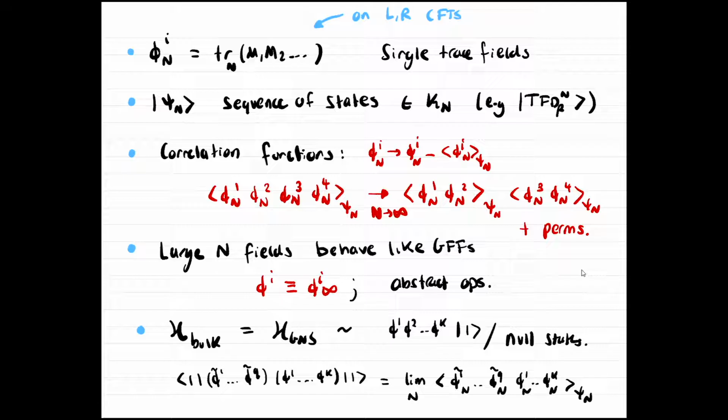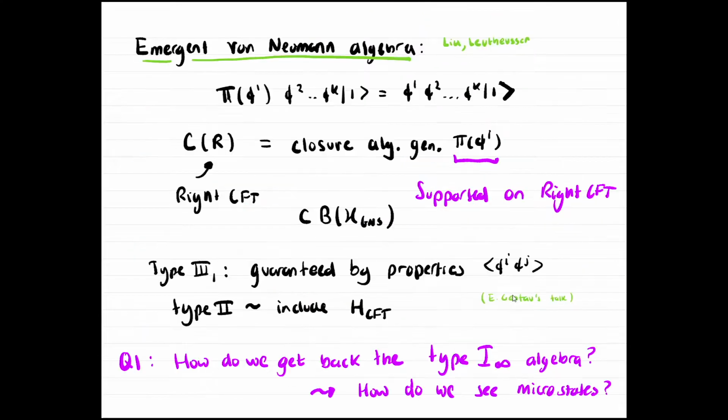Okay, so I have an algebra and a state, and so in that setting, you can always construct a GNS Hilbert space, and it's basically constructed as follows. You think of the vectors as just given by these abstract words, and then you quotient by null states given by this inner product. Okay, and then on this Hilbert space, you have some representation of the single trace fields, and you can generate all possible single trace fields in various regions.